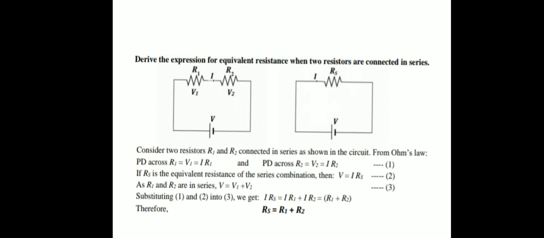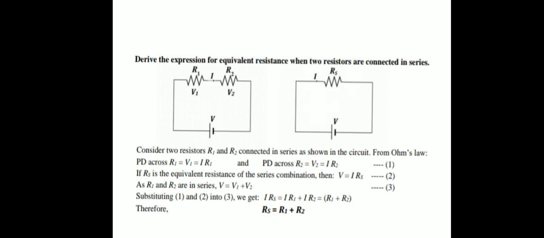On both sides, taking I as common, I gets cancelled. Therefore Rs is equal to R1 plus R2. That means when the resistors are connected in series, the total resistance of the circuit is equal to the sum of the individual resistances which are connected in series. This is known as the law of series combination of resistors.